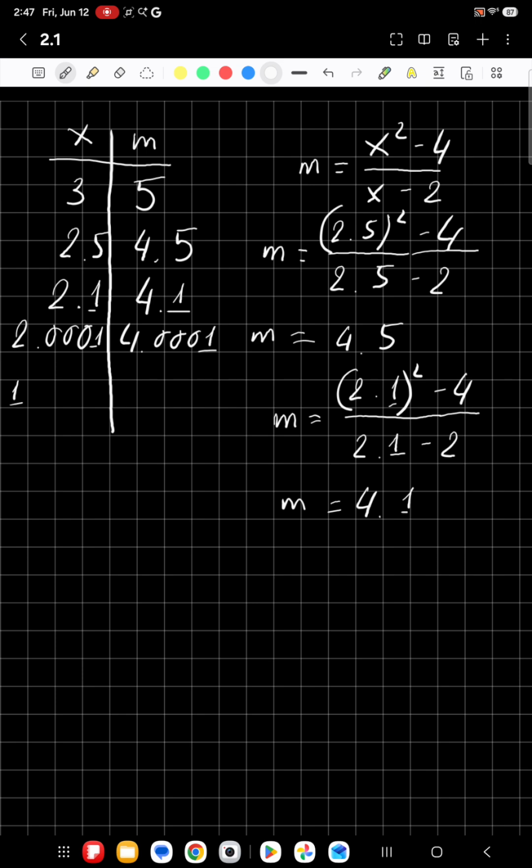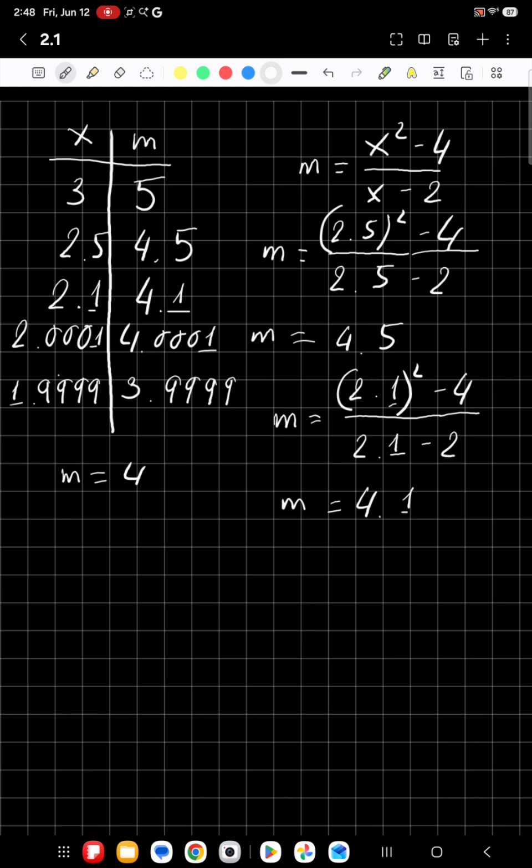I don't need to pick x's that are getting closer to 2 from the right. I can also pick something that's below 2, like 1.999999, and I'll have 3.999999. So you see what's happening: the closer I get to the number 2 with my x's, the closer the slope gets to m equals 4.